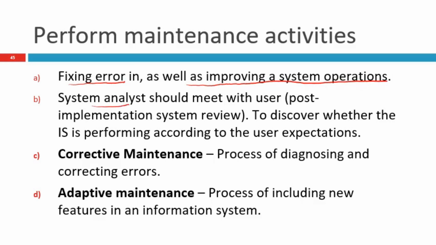System analysts meet with users for the post-implementation review. This is the step to discover whether the IS, or information system, or the new system performs according to the user expectation.